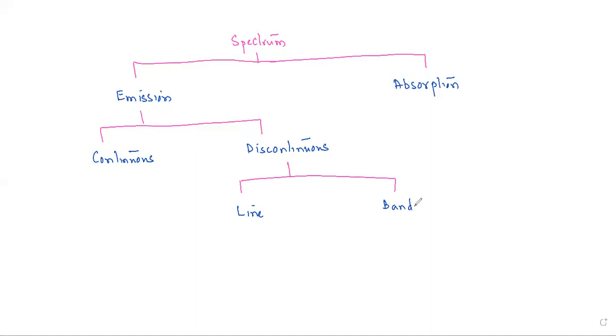Line and band. Okay. Now let us discuss all these things one after the other. Okay. First of all, what is emission spectrum?